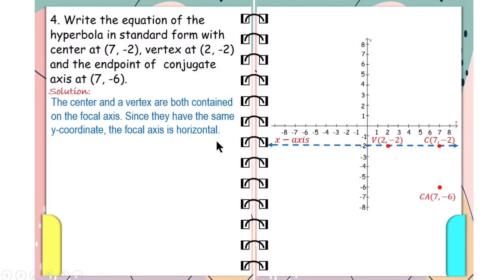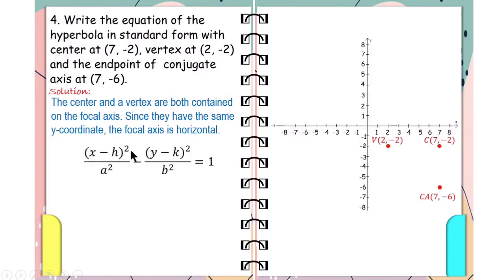So the equation is (x minus h) quantity squared over a squared minus (y minus k) quantity squared over b squared equals 1. Since the given points are the vertex and the endpoint of the conjugate axis, we have the values of a and b. To find a, we count the distance from the vertex to the center.